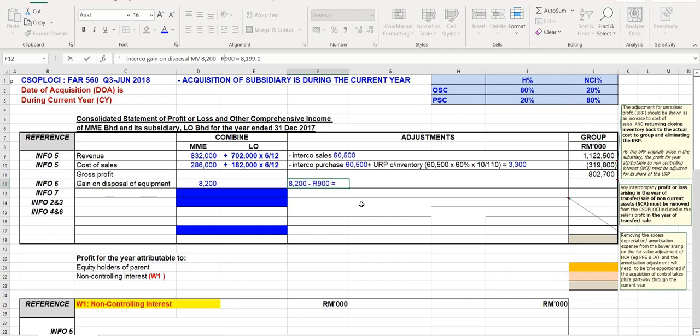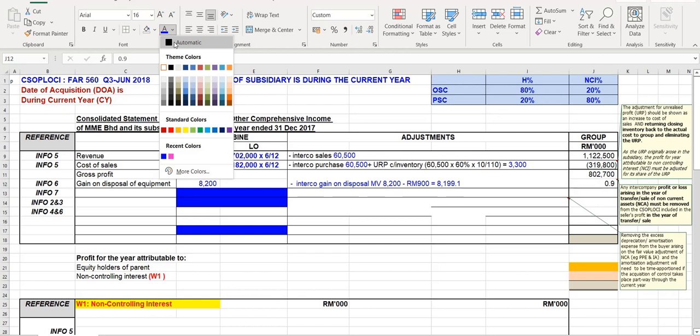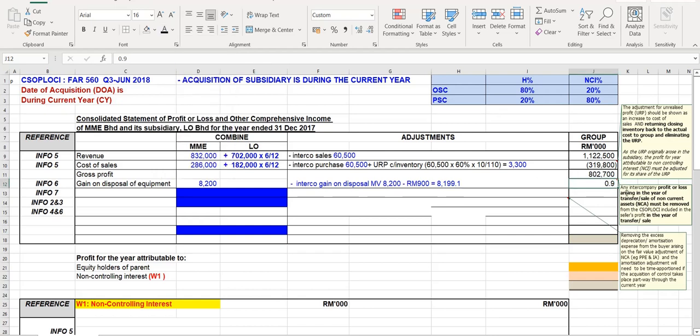And that would give you 8,199.1 million. So therefore you remove the intercompany transaction, and that will give you a figure of only 0.9, which is your information for your gain on disposal.